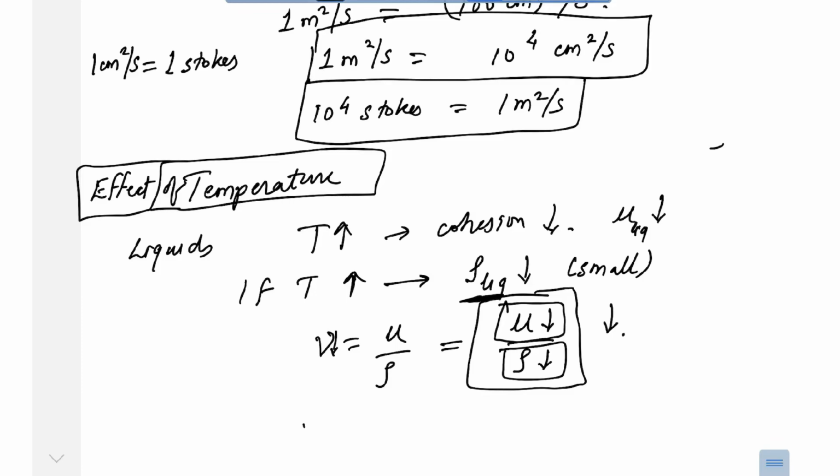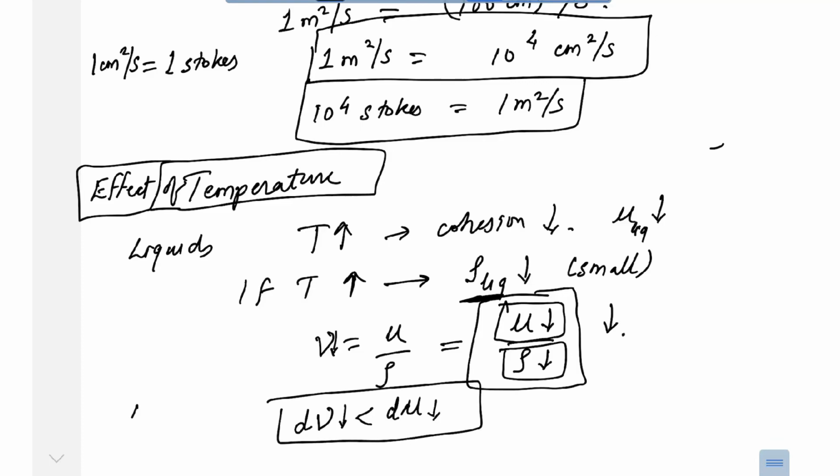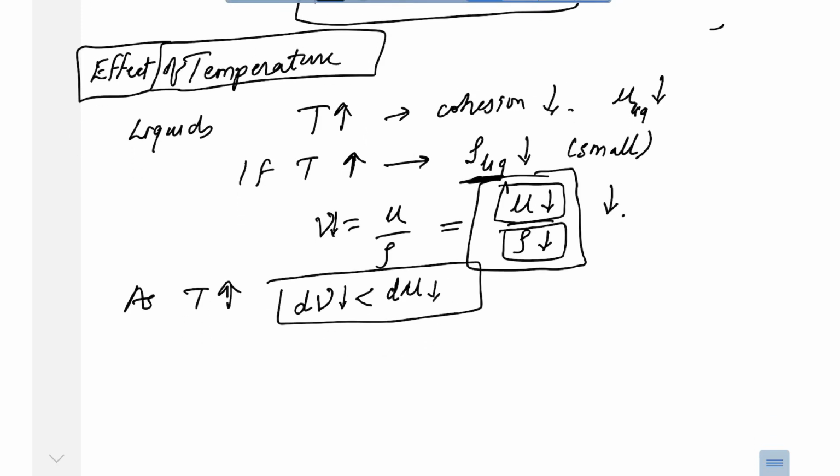So among these two changes, the change in nu will be less. As the temperature increases, both decrease, but the decrease in nu will be lesser than the decrease in mu.